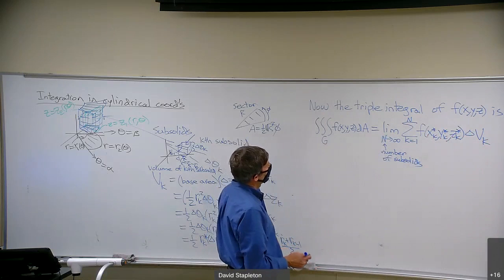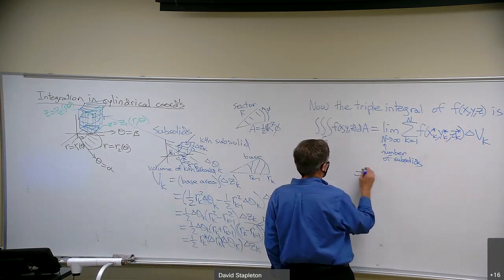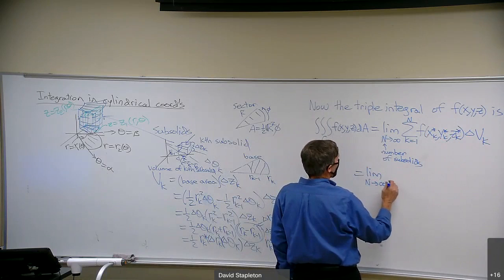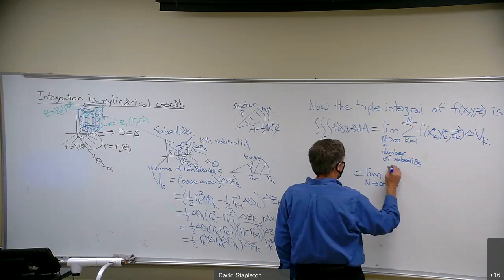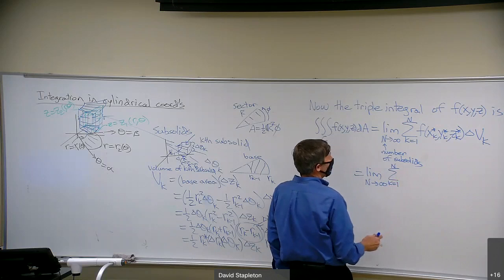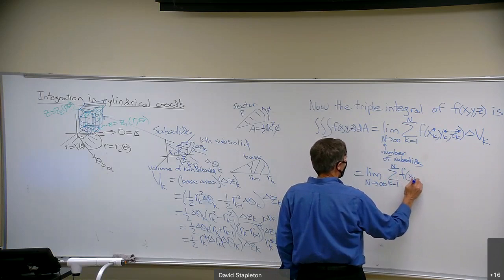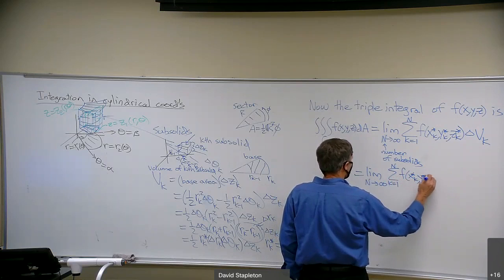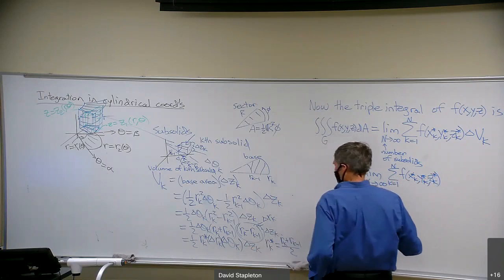Same thing. But now we're going to do the volumes this way with cylindrical coordinates. So this is going to be the limit as the number of subsolids goes to infinity of the sum k equals 1 to n of f of any intermediate point xk star, yk star, zk star, and delta Vk is this.